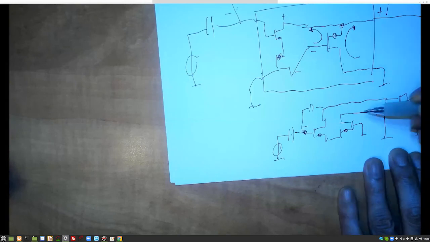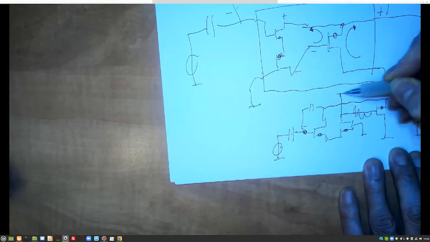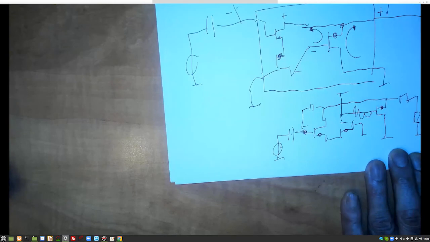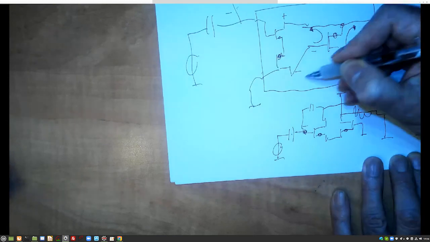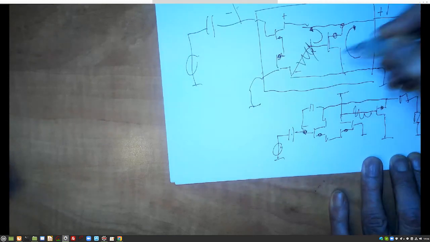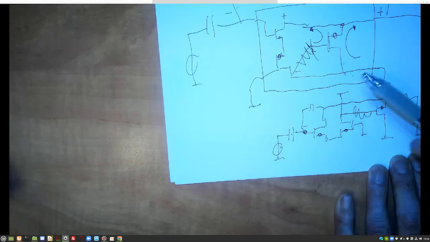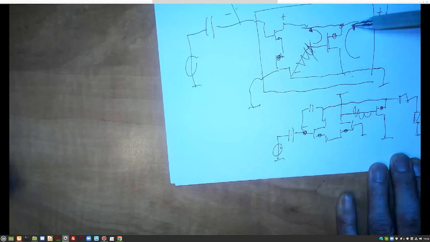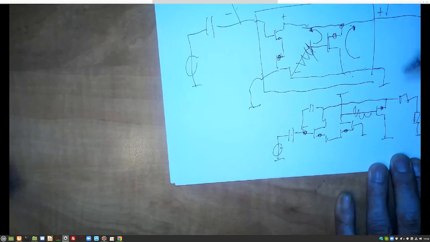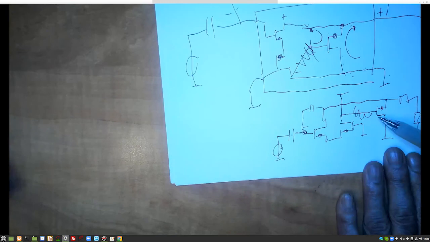But if you decide to do this for bias reasons, you suddenly change the stage to common drain, because now this is the input. I mean, sorry, you connect this one to ground, see? So this is one option.